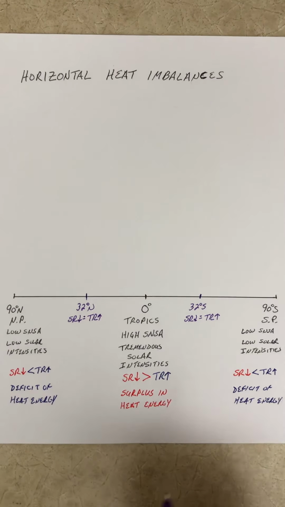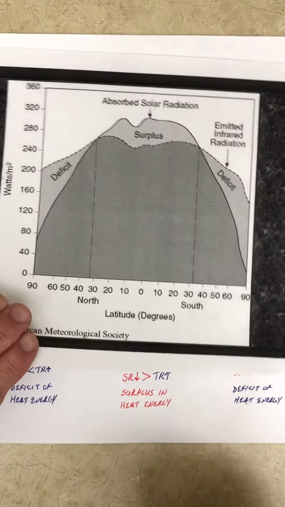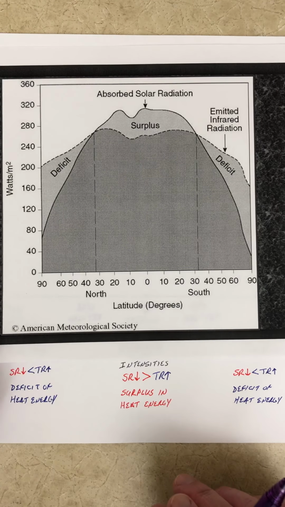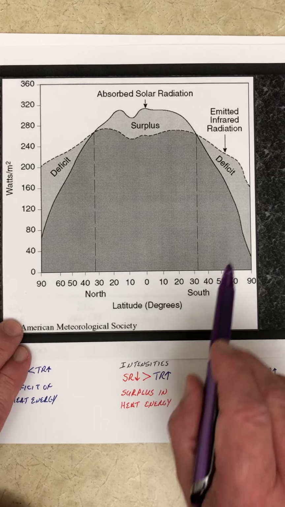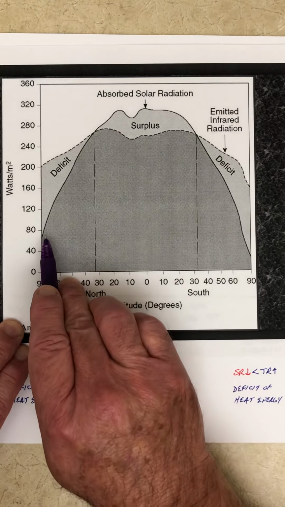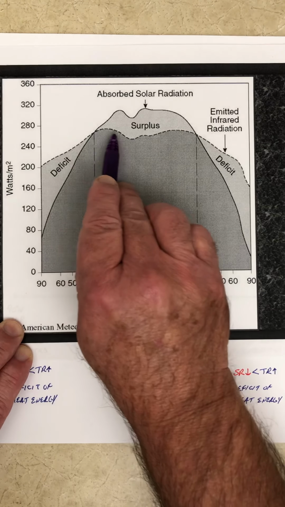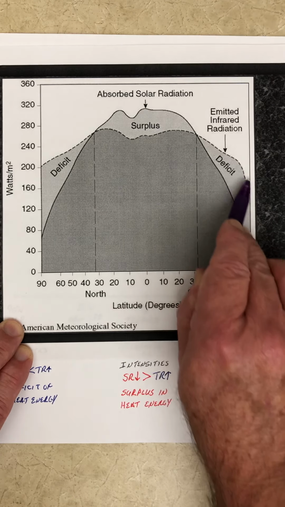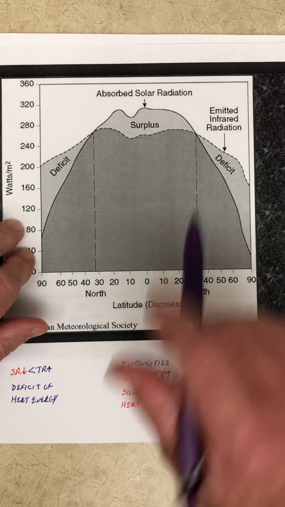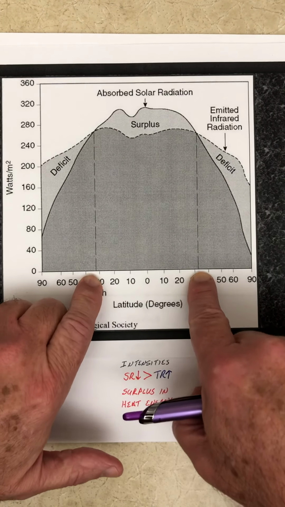Here's something else I wanted to share with you. This is a figure from the book. It's also on the PowerPoint slides. The solid line here represents the incoming solar radiation. The dashed line represents the outgoing terrestrial radiation. Again, notice 32 degrees north and south.